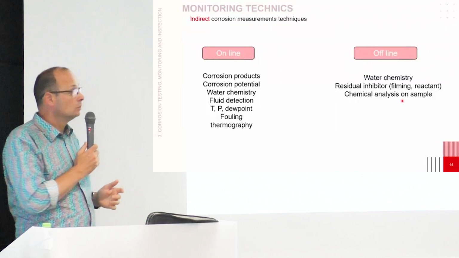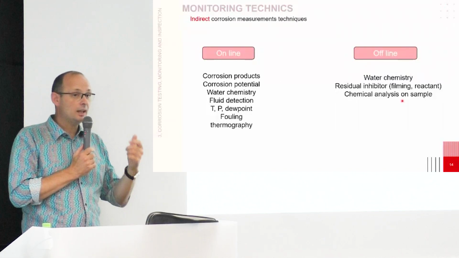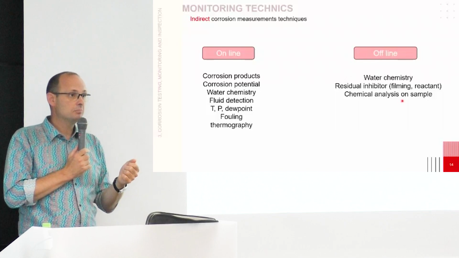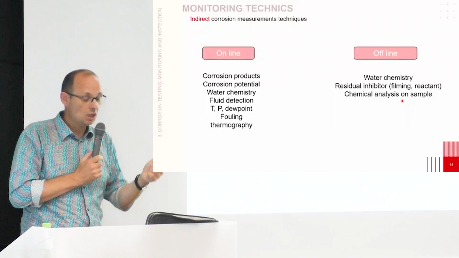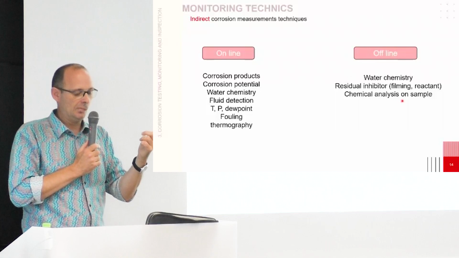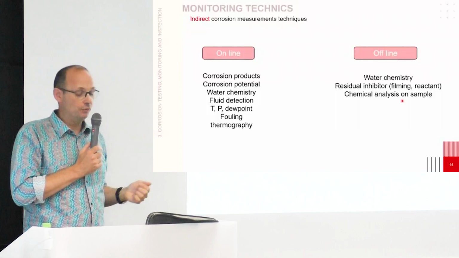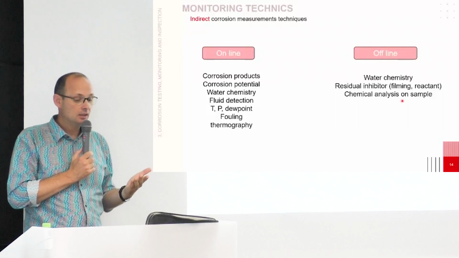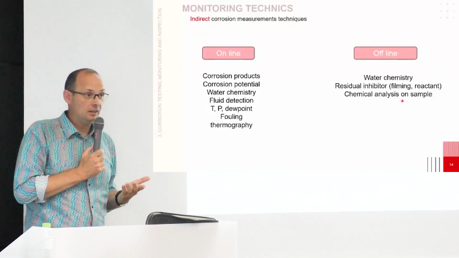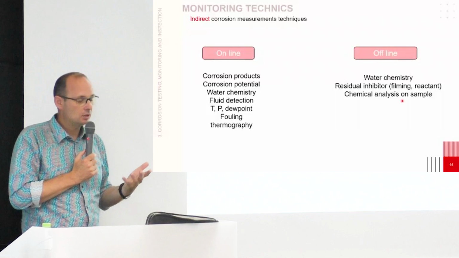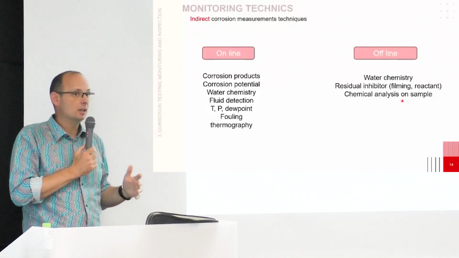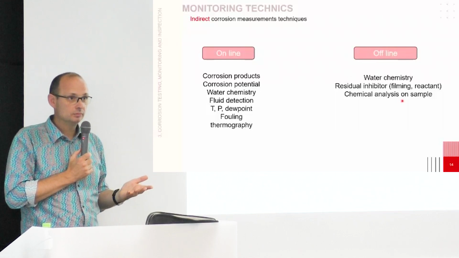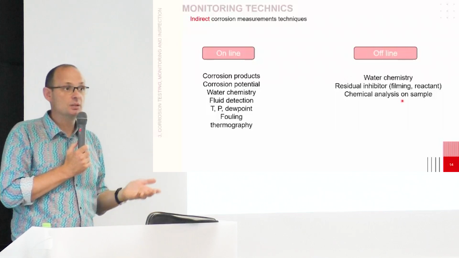Now, the second one is that I can also detect corrosion because I will detect a change in something. The first one is that I can detect changes in the chemistry of the material. So for example, when I produce corrosion product, I will have a change in chemistry of the material.